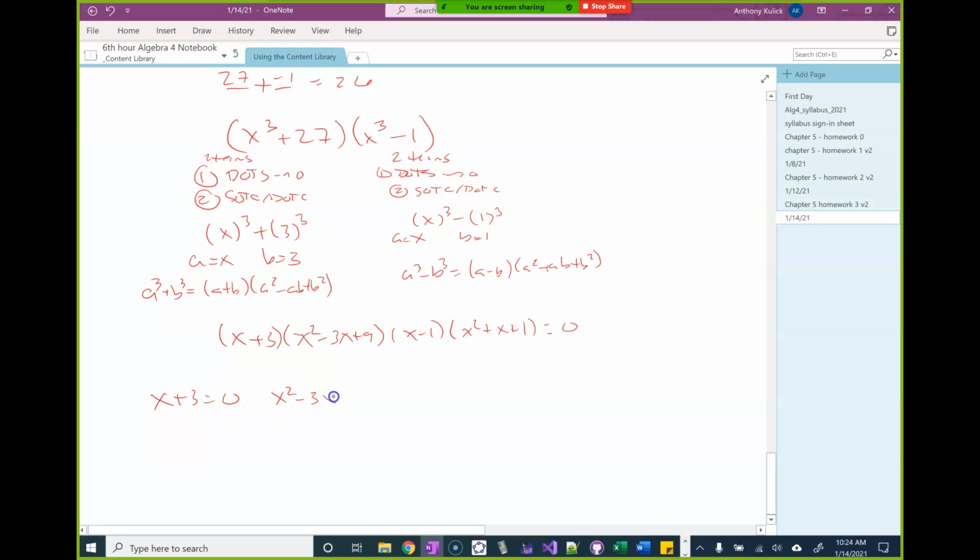So the first one I can just subtract 3 from both sides. The second one I need to use the quadratic formula. So let's see, negative of a negative is positive. 3 squared is 9, minus 36 is negative 27.